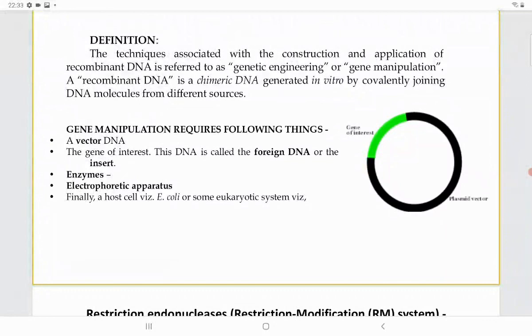Thirdly, you require several different enzymes. The most important among them are the restriction endonucleases, by which you introduce cuts in the DNA, and ligase, with the help of which you join the DNAs.